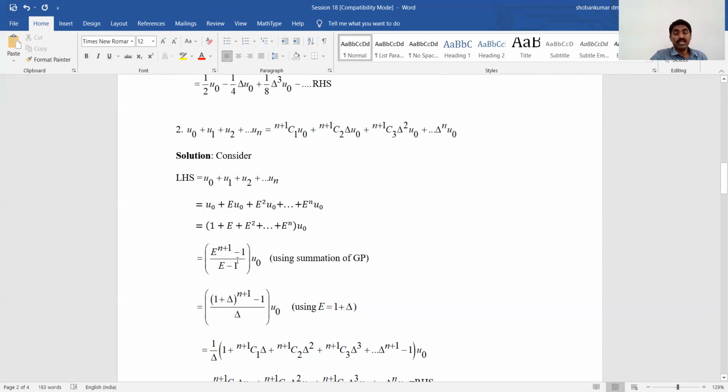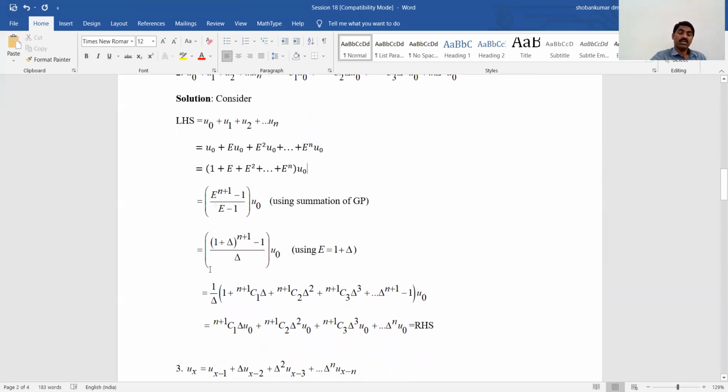Using that formula, here we get e raised to n plus 1 minus 1 divided by e minus 1 into u naught. And again, e is nothing but 1 plus delta. Relation between e and delta: 1 plus delta to the power n plus 1 minus 1 divided by e minus 1. E minus 1 is delta. E can be written as 1 plus delta, 1 gets cancelled, remaining delta.